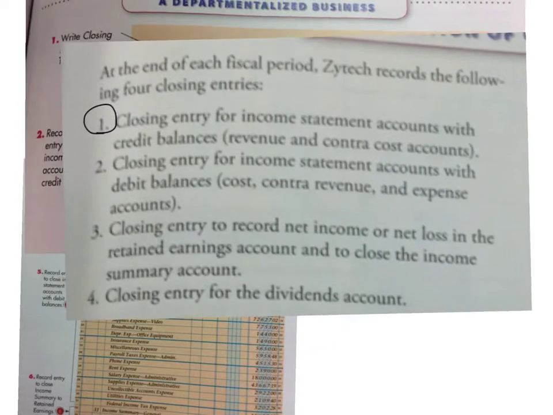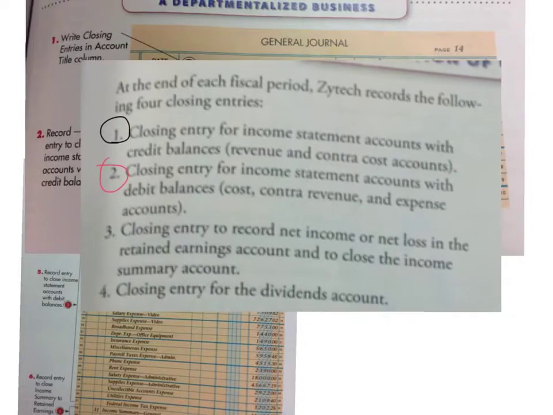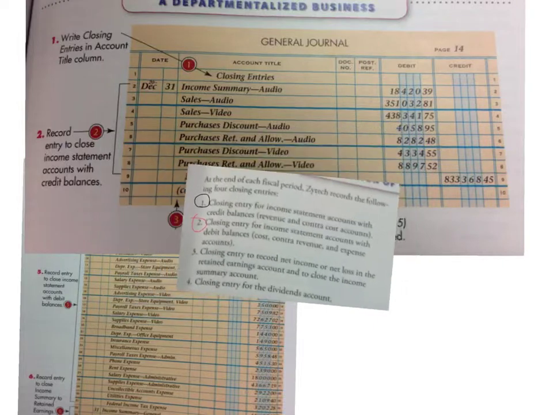And if we look at our second closing entry for income statement accounts with debit balances. So these are all of our cost accounts, contra revenue accounts, and expense accounts.